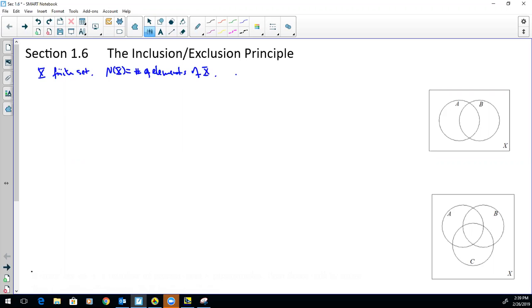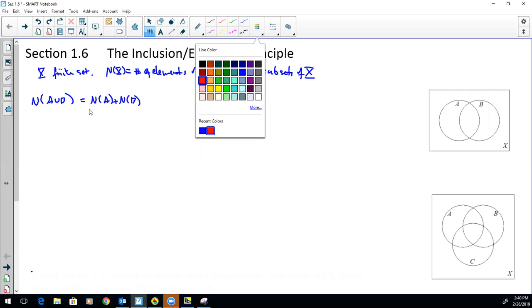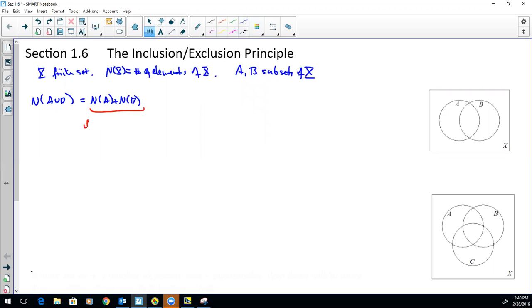Okay. And let's suppose that A and B are subsets of X. Now, we want to count the number of elements in the union of A and B. Well, we start by counting the number of elements of A, number of elements of B. Now, if A and B are disjoint, we're done.